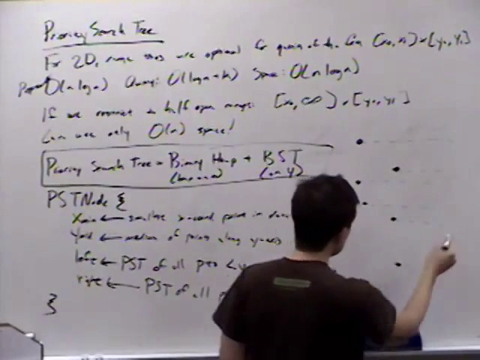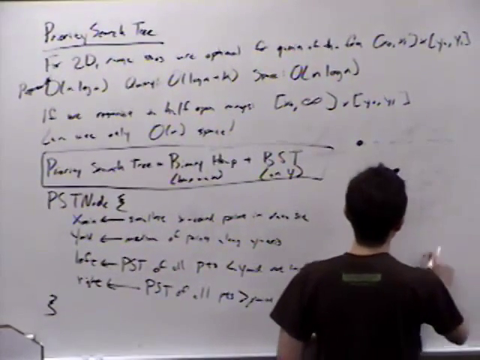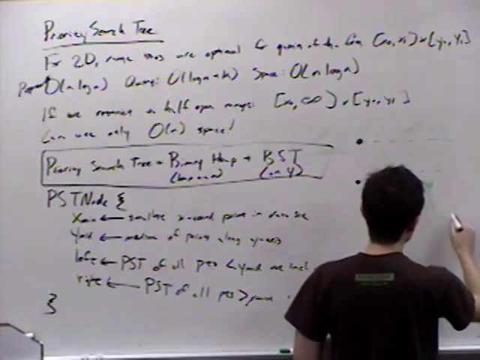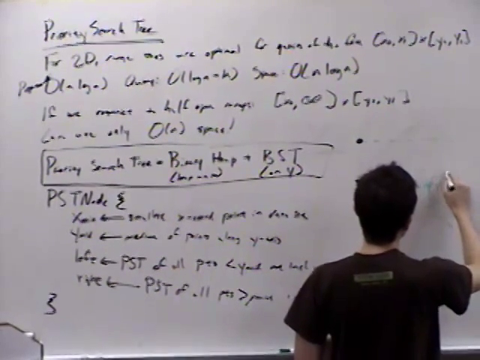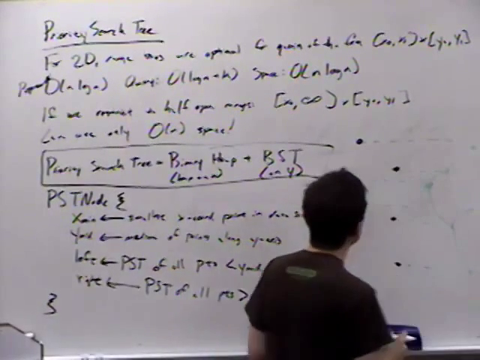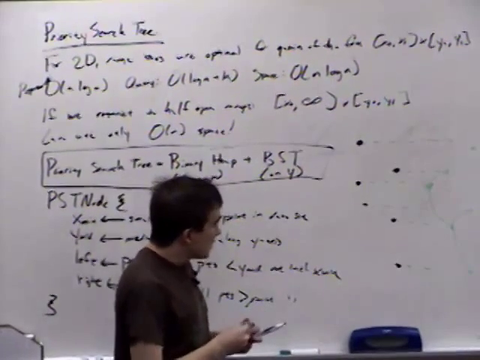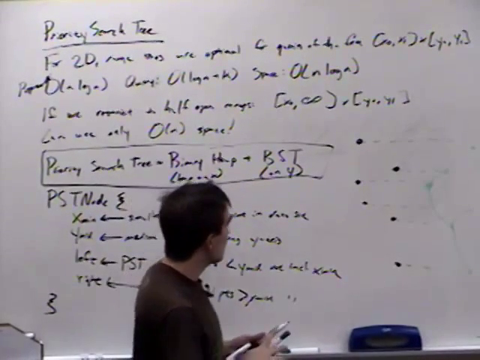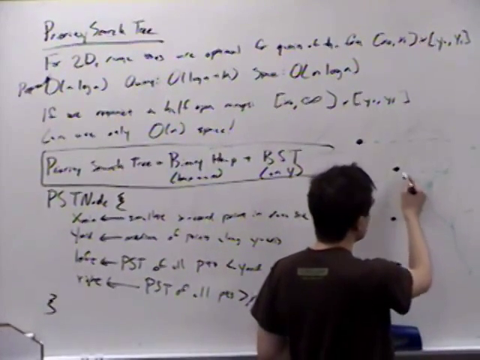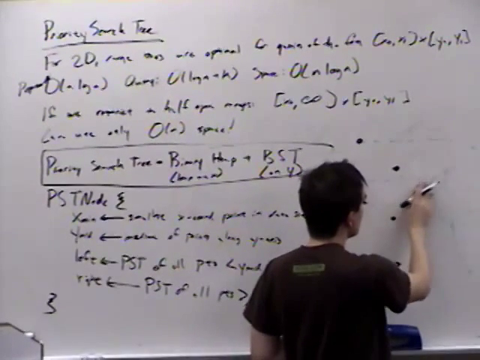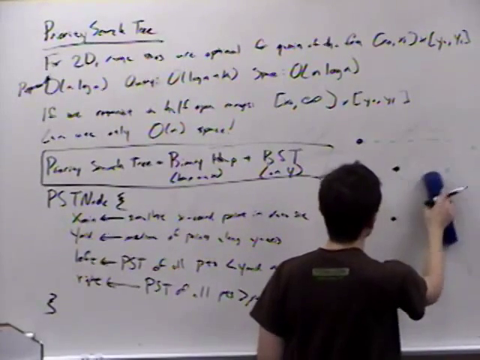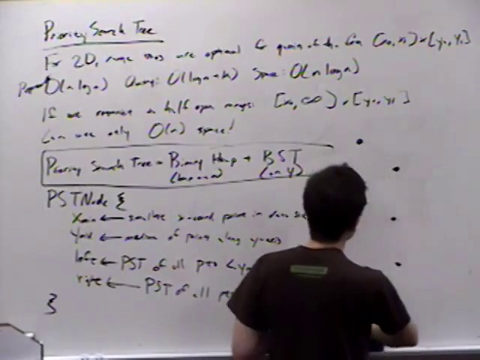OK, so we'll start from the root node. I guess we'll pick this thing here, and then this node as a child, maybe. The idea is that the value at each node is going to be the point with the smallest x coordinate. Actually, I maybe drew this tree slightly wonky. Let me erase that.